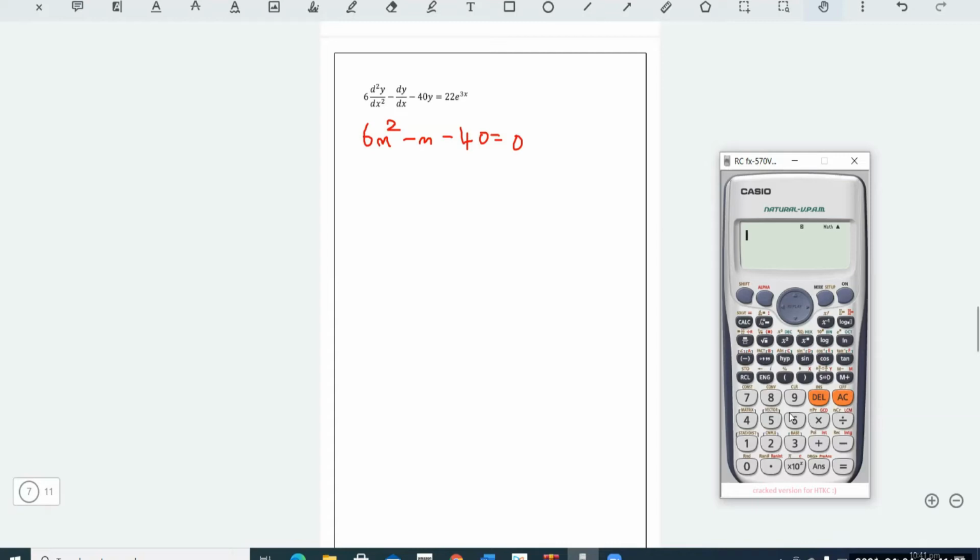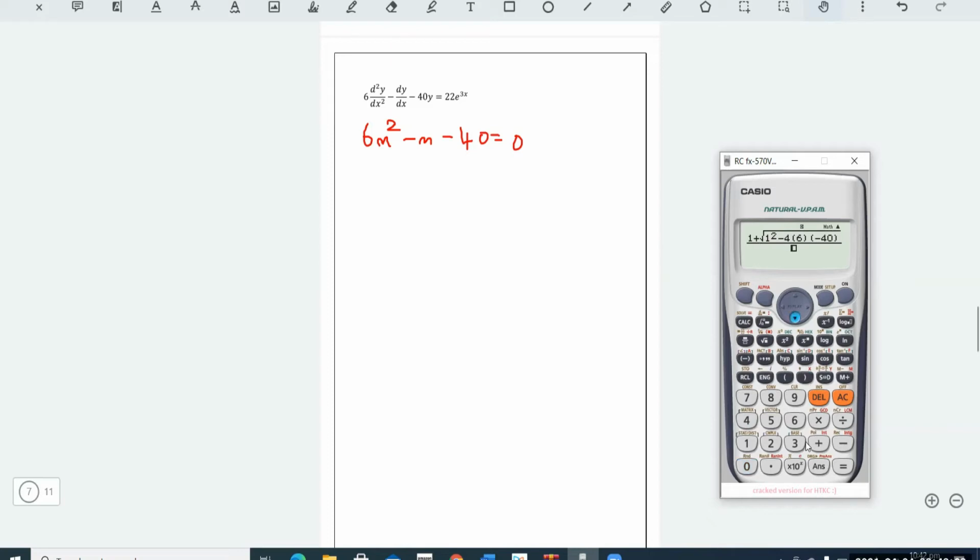It's minus b, so it's minus minus 1, which is 1, plus or minus the square root of b squared, which is 1 squared, minus 4 times a, where a is 6, times c, which is negative 40.